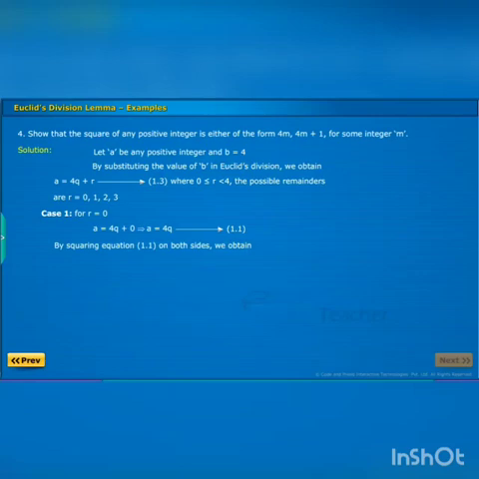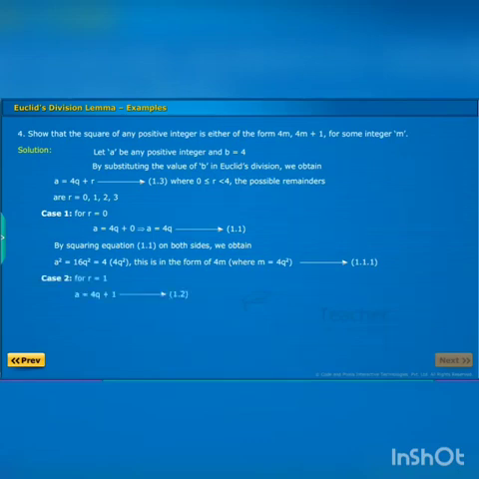By squaring equation 1.1 on both sides, we obtain a square is equal to 16q square is equal to 4 into 4q square. This is in the form of 4m, where m is equal to 4q square. Case 2 for r equal to 1. a is equal to 4q plus 1.